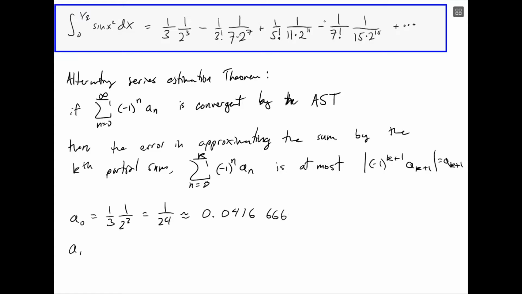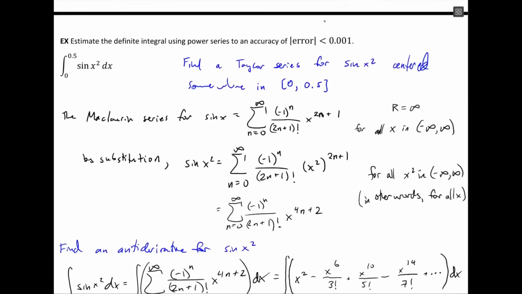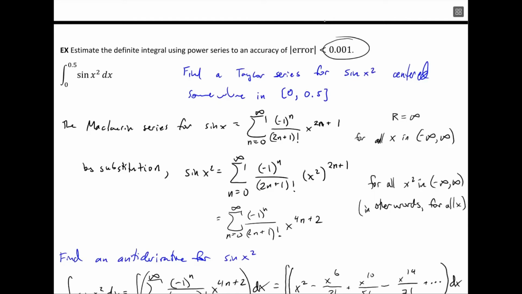And A1 would be 1/3 factorial times 7 times 2 to the 7th, which written in decimal is approximately 0.000186. If you notice, this is already less than the 0.001 that we were asking for.